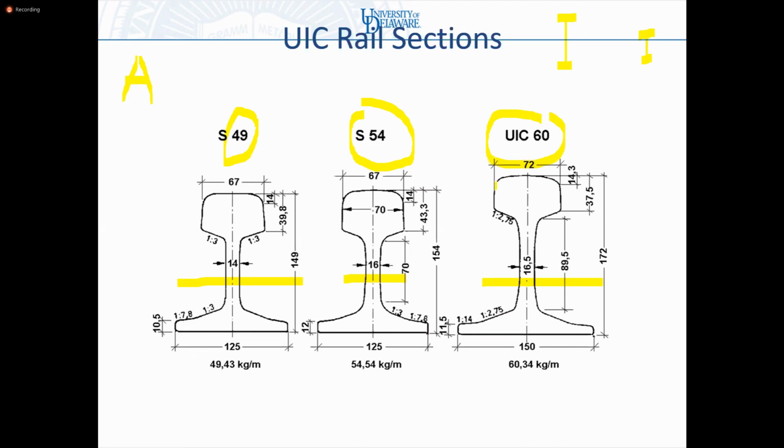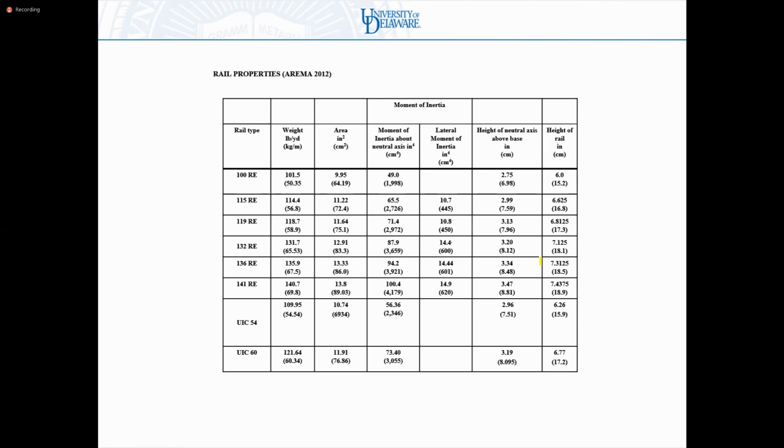UIC 60 is bigger than this, there's S54, but there's also a UIC 54, which is very similar, and there's an S49. I don't think there's a UIC 49, there's a UIC 50 out there. And then the British have their own sections as well, and some of the French have their own sections. So there's a range of sections out there.